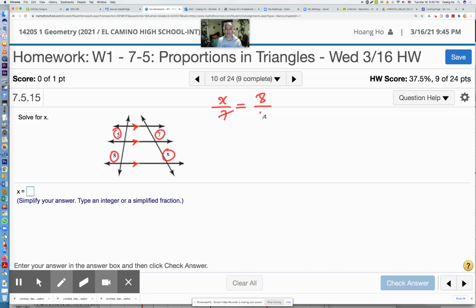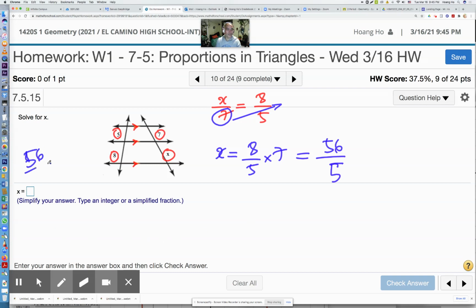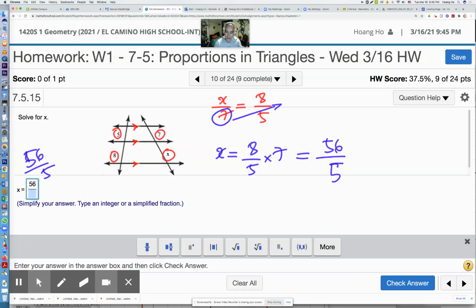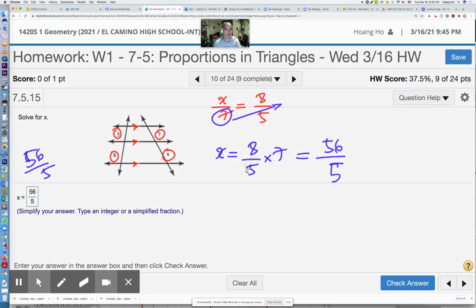Multiply 7, cross to the other side, so I got x equal a over 5 times 7. You cannot simplify anything, so multiply them out. 56 over 5. That is the answer. Put right there, 56 over 5. Done.